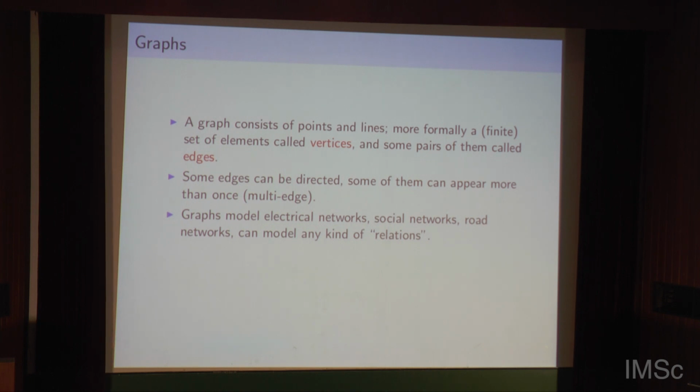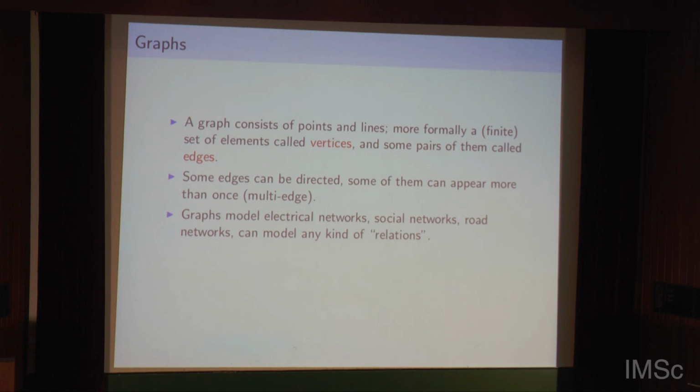Graphs model electrical networks, road networks. You can have intersection points as points and roads connecting pairs of points as edges. So, for example, if your Ola car wants to figure out the shortest route from here to here, or Ola Share wants to figure out who's going in this direction, the model sitting inside, which models the road network, is a graph. A set of points and lines, and you study the properties of these graphs.